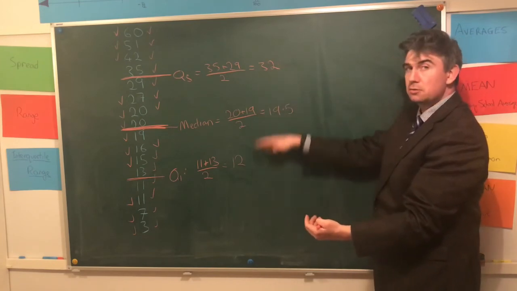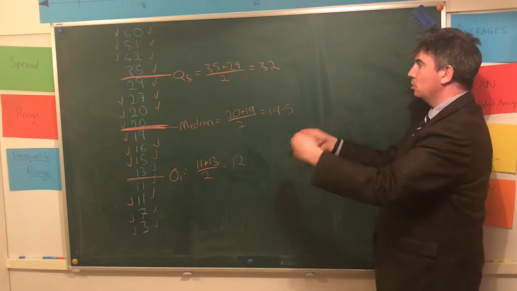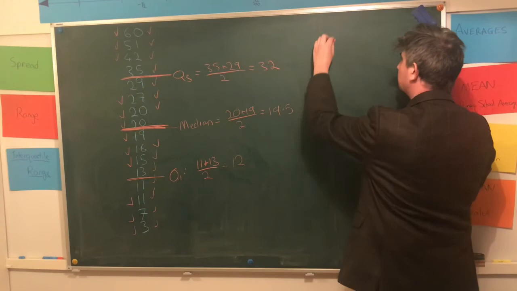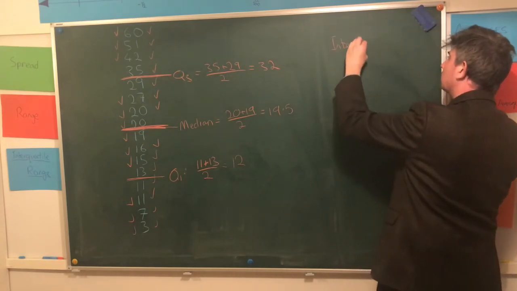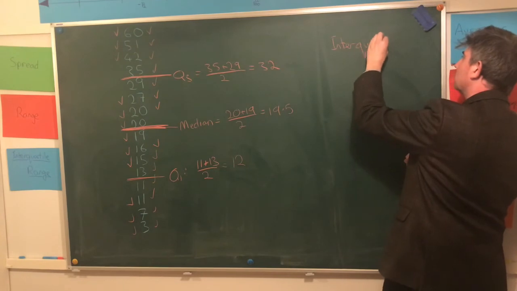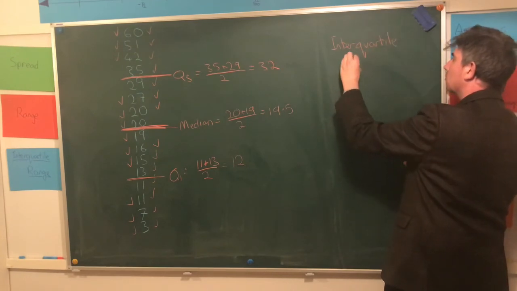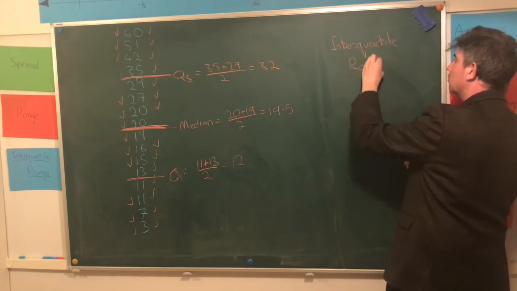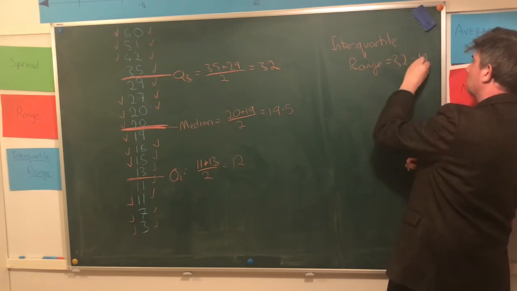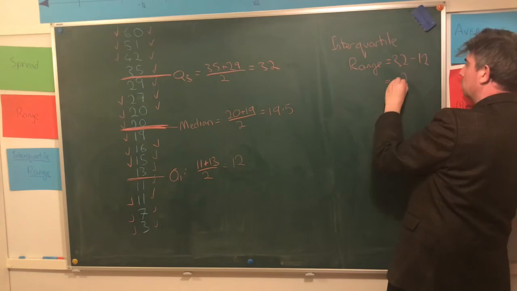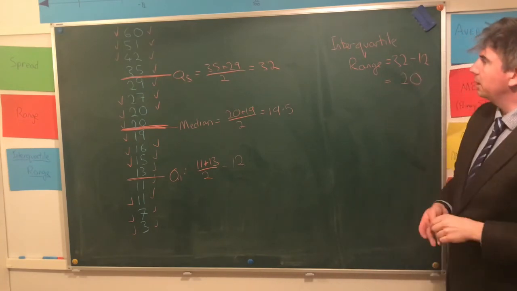What's the difference between those two? Interquartile range? 20. So the interquartile range is 20.